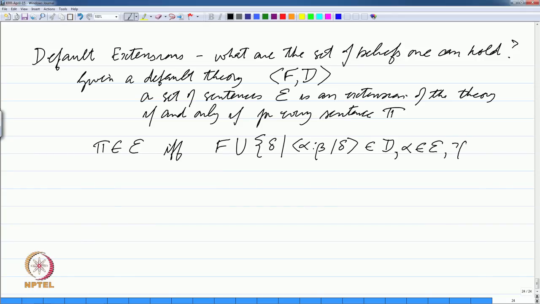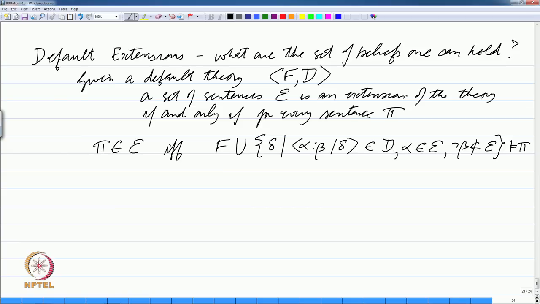and not beta does not belong to the extension. And these two sets together they entail the statement pi.